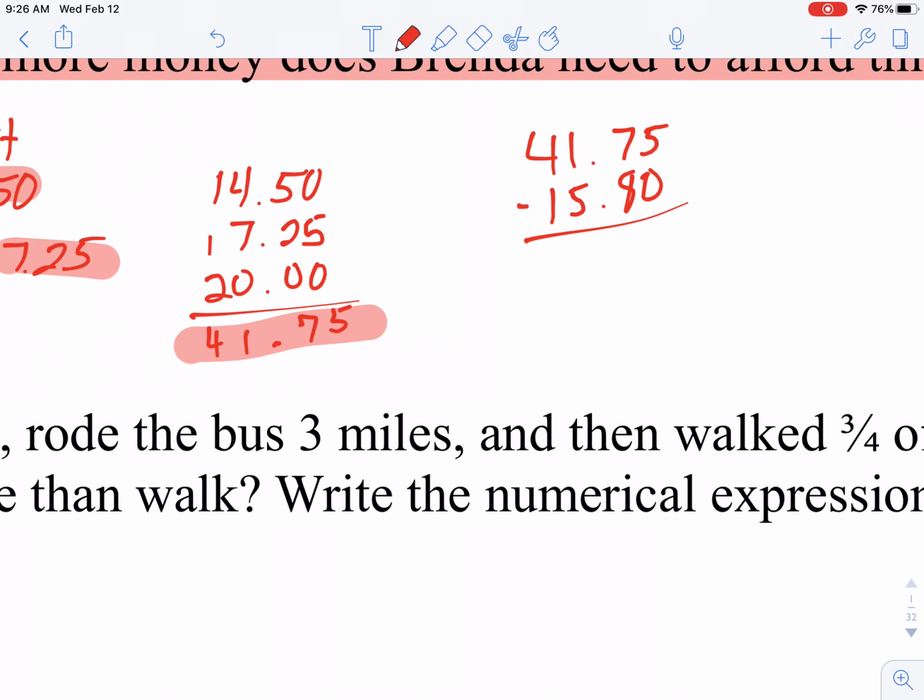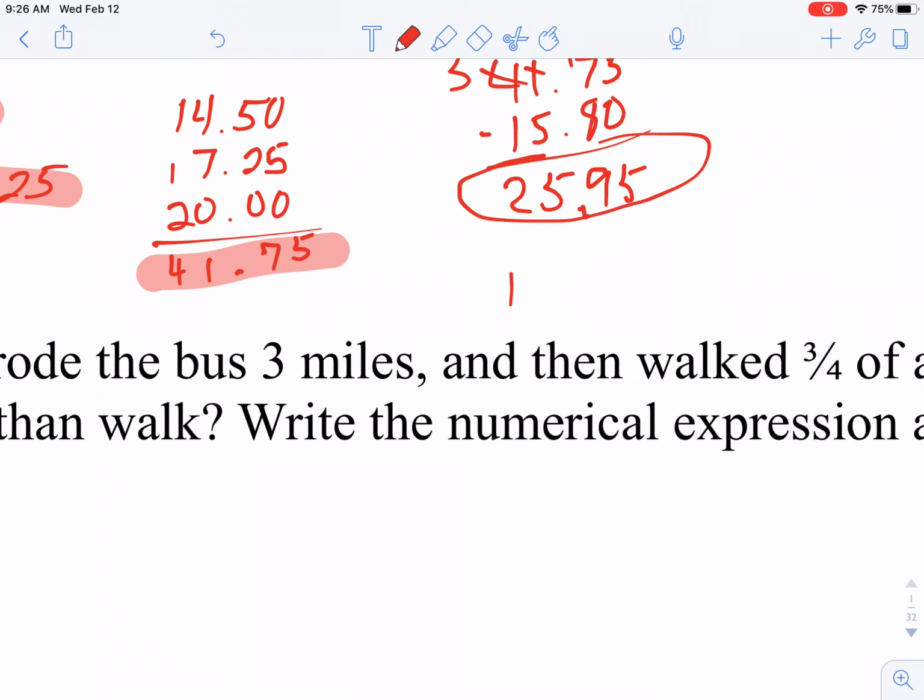And so 5 minus 0 is 5. 7 minus 8 I can't do, so I'm going to borrow. And I'm going to get 17 minus 8, which is 9. 0 minus 5 I can't do. I'm going to borrow again. I get 10 minus 5, which is 5. 3 minus 1 is 2. So we know that she is going to be short $25.95.